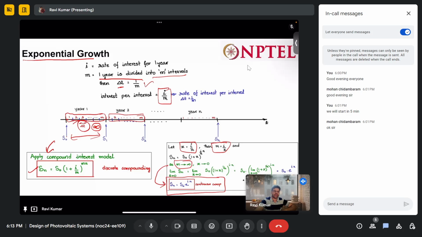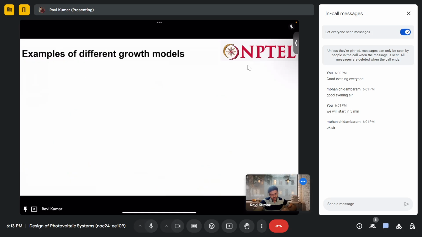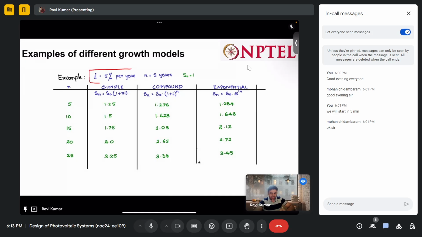Now we will see an example, and we will see what is the impact of simple growth, compound growth, and exponential growth on any amount, and which is the fastest growth model and which is the least growth model. So this is the example. We have considered I, the interest rate, as 5% per year, and n equals 5 years, and S naught we have taken as 1. So this 1 after 5 years becomes 1.25 in the simple interest model, simple growth model.